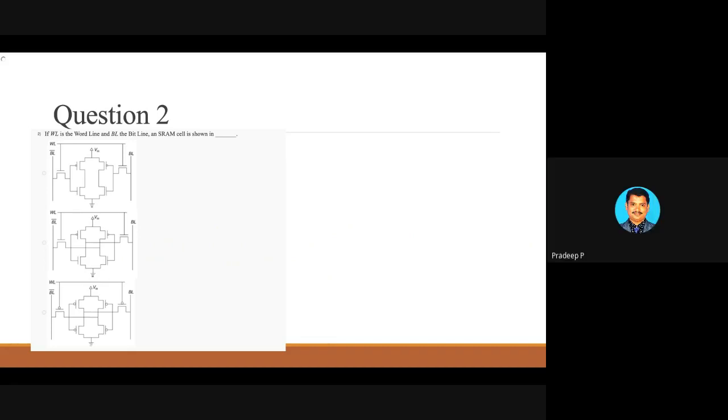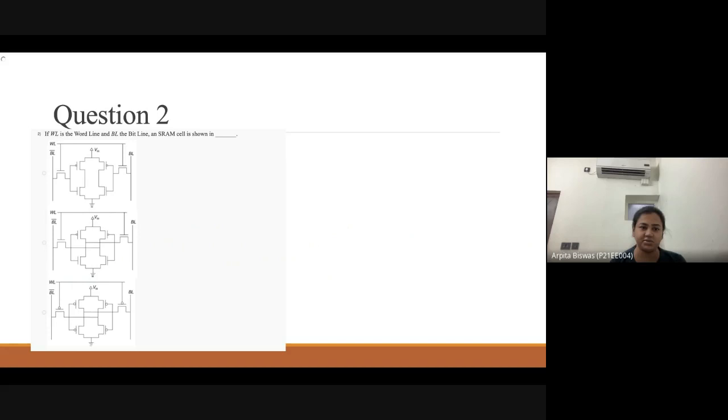See circuit one carefully. One minute, madam. WL, BL, BL bar, VA, VB. Madam, in the second circuit and the last circuit, both are PMOS. That is wrong, madam. The pull up network is PMOS and the pull down network is NMOS. So option two is the correct answer. Yes, good. Option 2 is the correct answer.